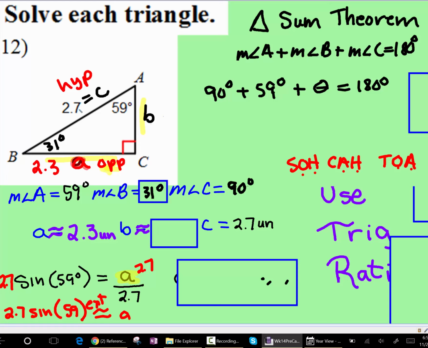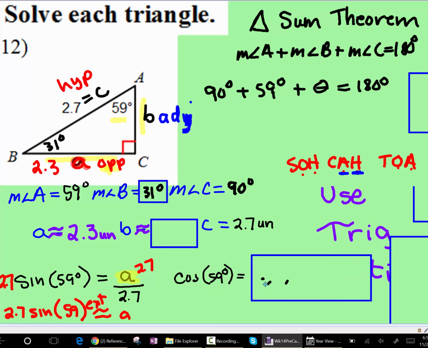Now, if we wanted, we could use the Pythagorean theorem and do 2.7 squared, subtract 2.3 squared to get about the b value, or we can just use trig again. Look at angle 59, and b is the adjacent side. So we have the adjacent side and the hypotenuse, so we're now going to use cosine.